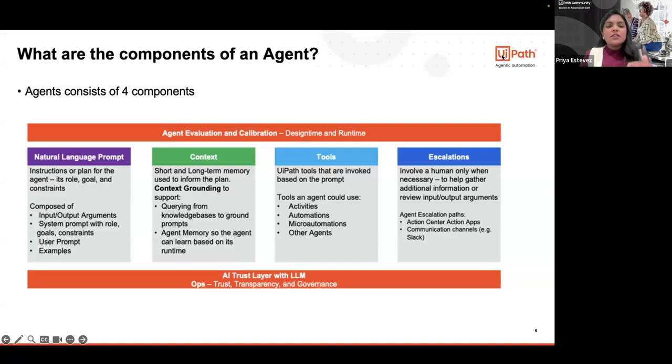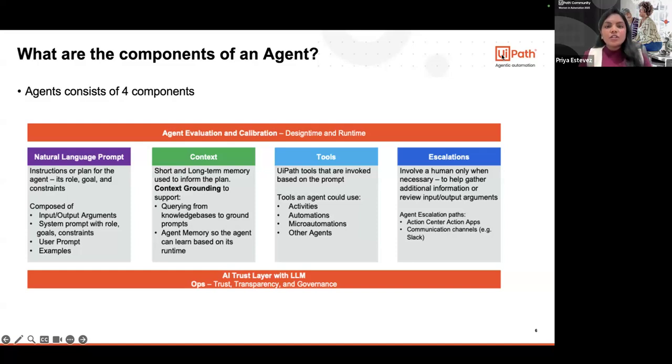That can be used as your user prompt, and you give samples on how to perform. Then you give the context. The context serves as the memory, either short-term or long-term, that can be used to inform the plan. This helps the agent act according to the prompt that was given.